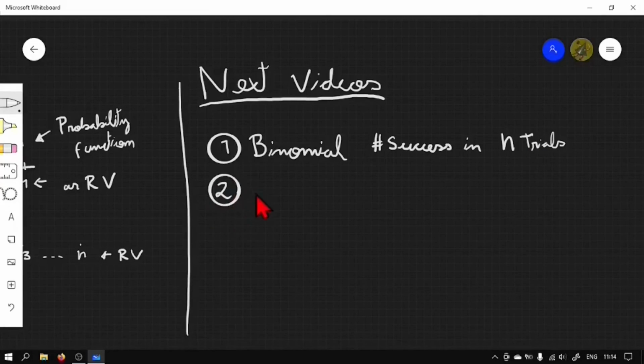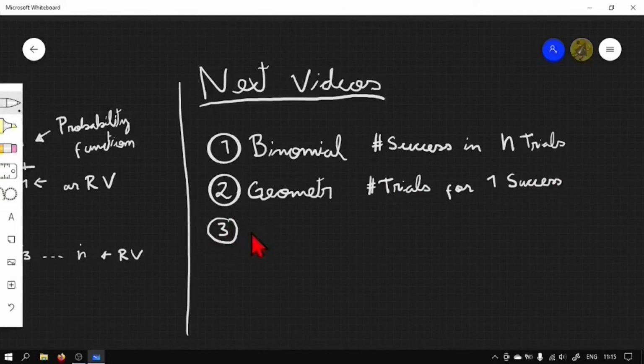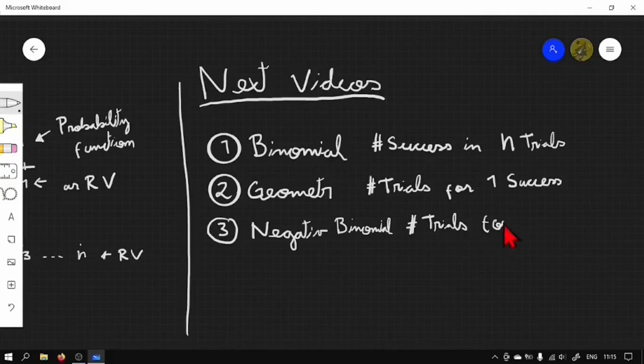The second one is called the geometric distribution and is the number of trials for one success. Then we have the negative binomial. I have no idea why they give it these names. Well, the geometric I know, the binomial I know, this negative binomial I have no idea. But this one is the number of trials for r successes.